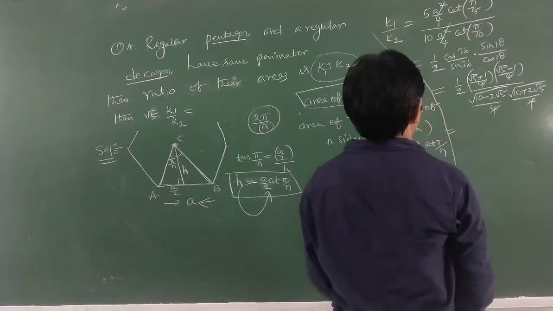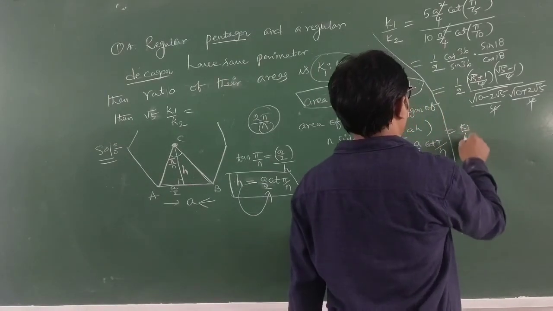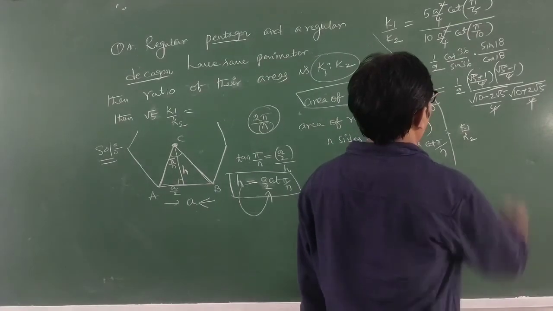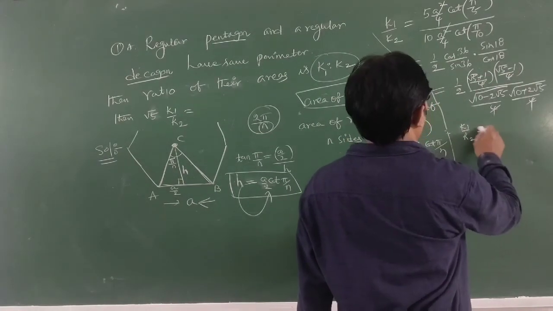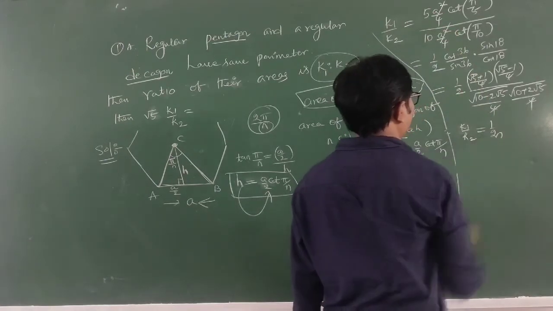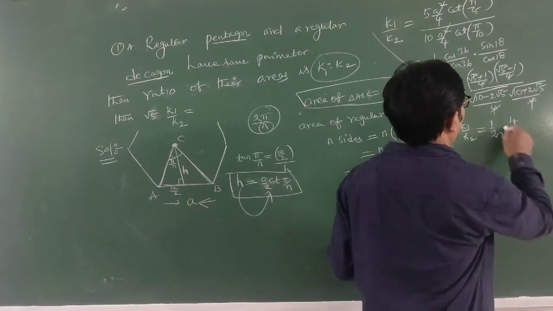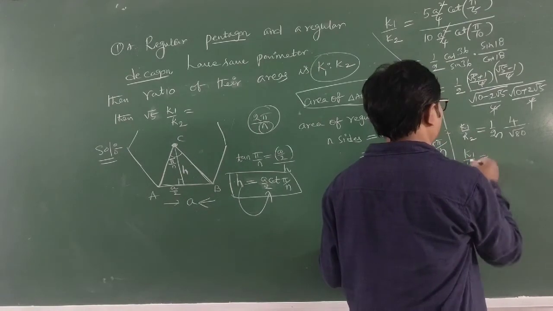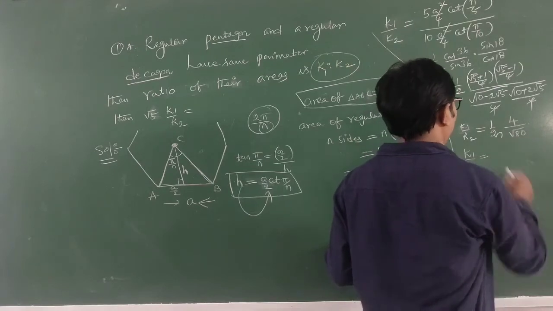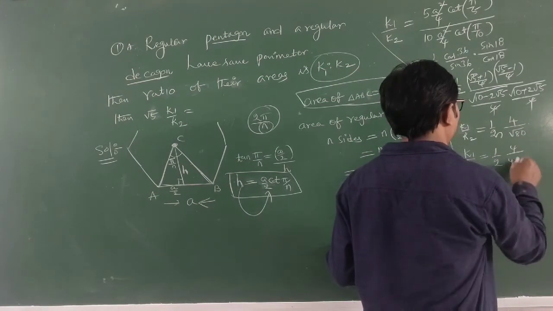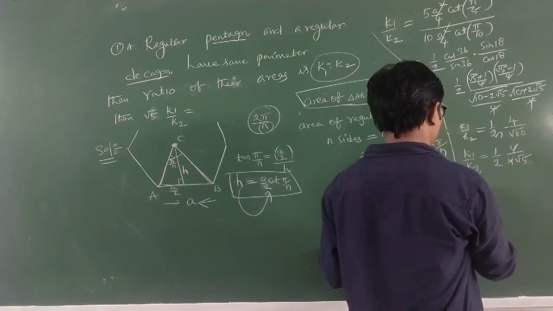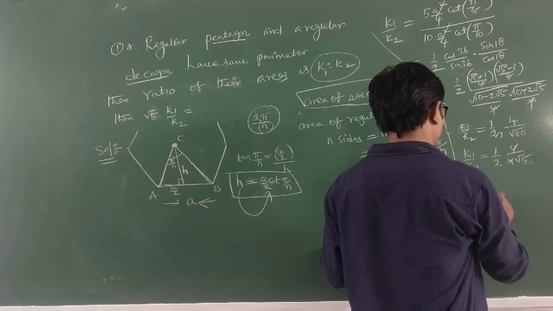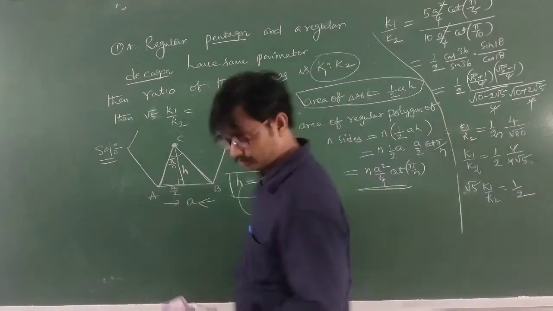K1 is 4 upon root of 80, so K1 by K2 equals 1 by 2 into 4 root 5 by 16 5s, which is root 5 into root of 5. So root 5 K1 by K2 equals 1 by 2.